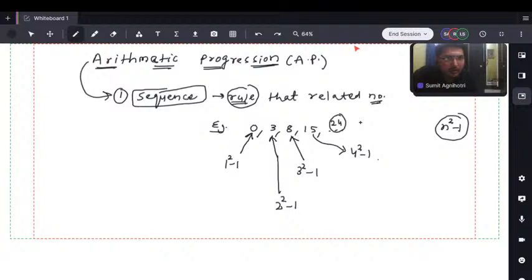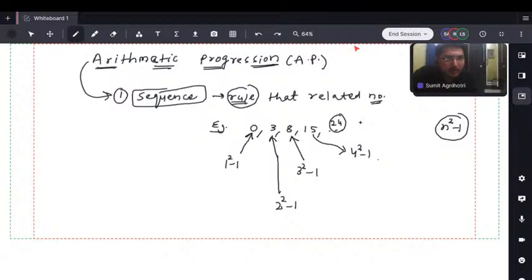Sir, I can't see it. Oh, it's down here, sir. Okay. You will figure out the common difference by subtracting the previous term from the next term. Like 9 minus 4 is 5, that is the common difference. Yeah, exactly. Similarly, 14 minus 9 is 5. 19 minus 14 is also 5, that is the common difference.